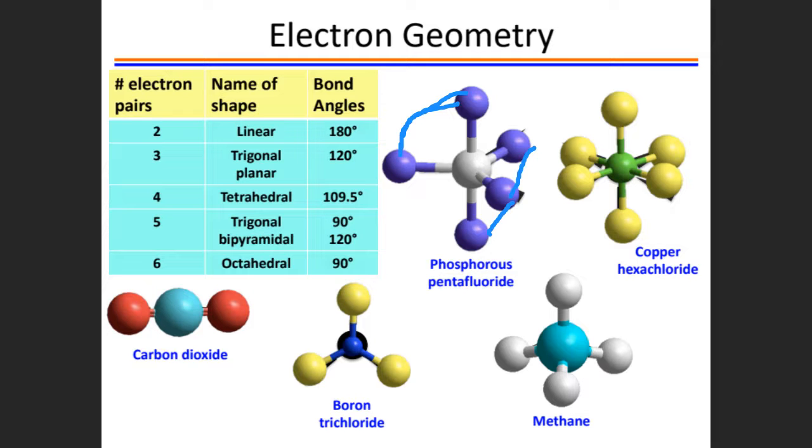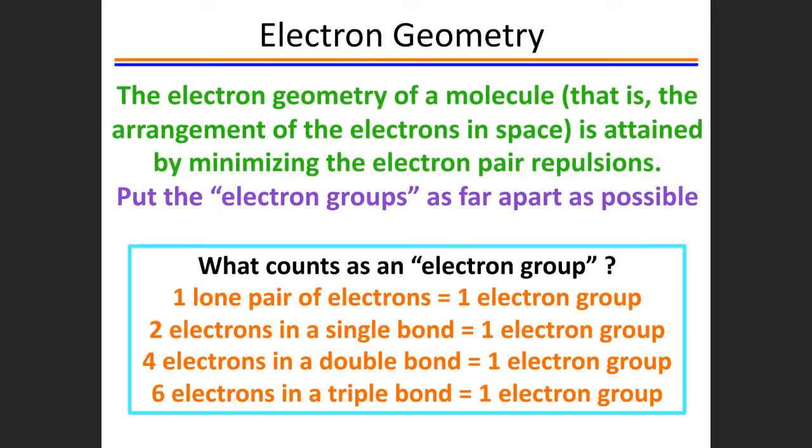But if they are very close, repulsion will happen. So they are telling us here that by minimizing electron pair repulsion, put the electron groups as far apart as possible. What counts as an electron group?